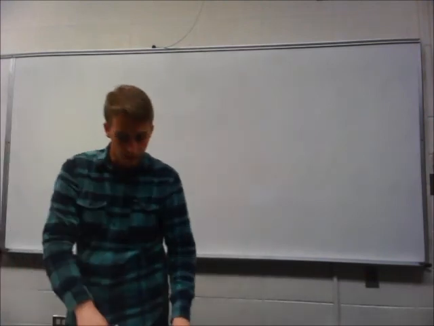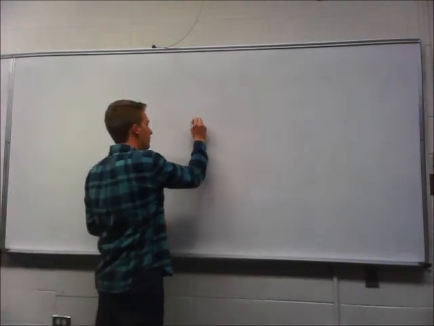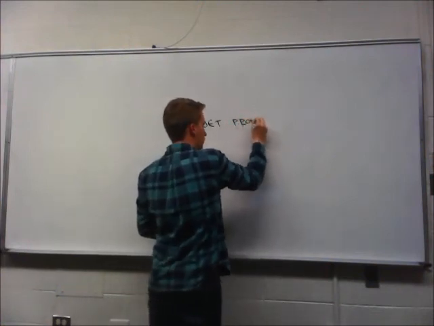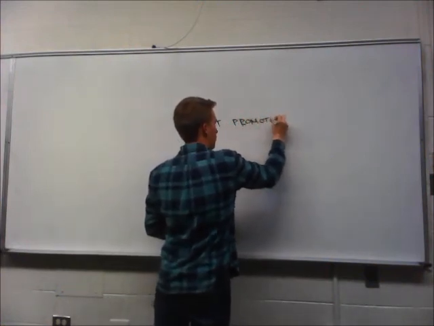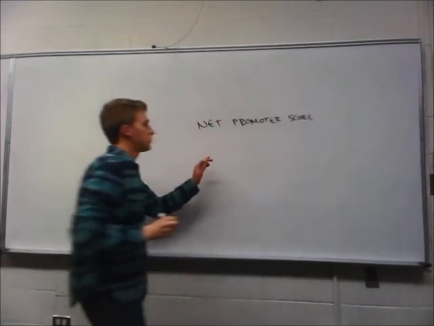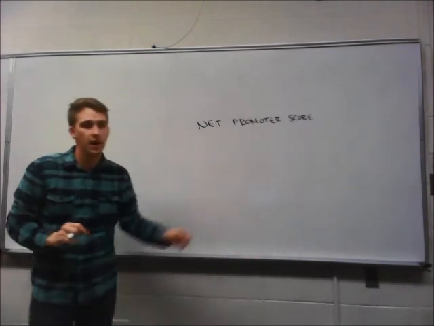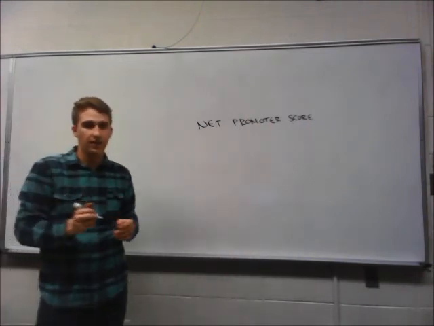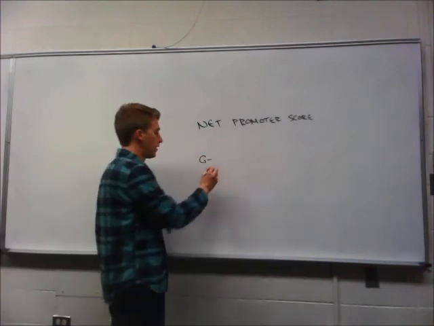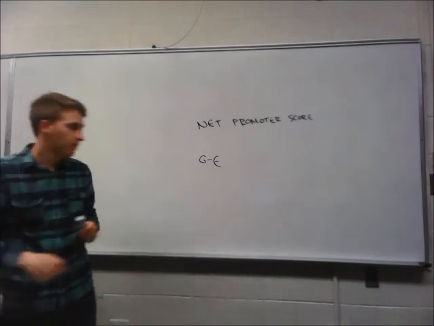And this is a study you did on the Net Promoter Score. So this is like, if you think about net income, it's kind of the same thing, where you take the gross and subtract the expenses.